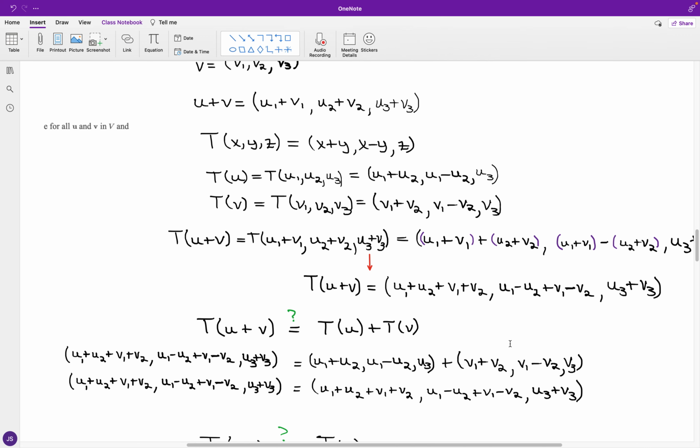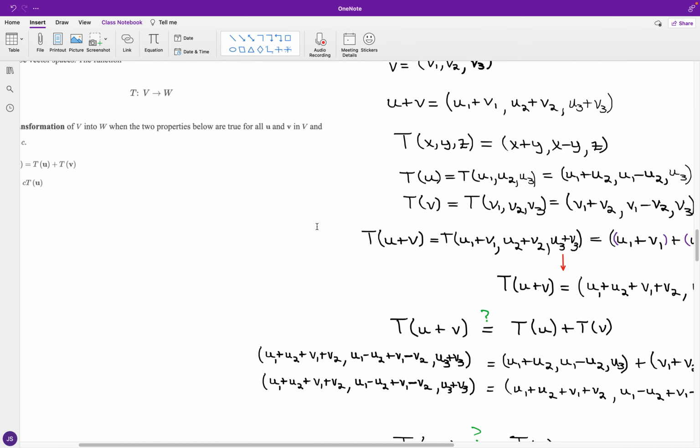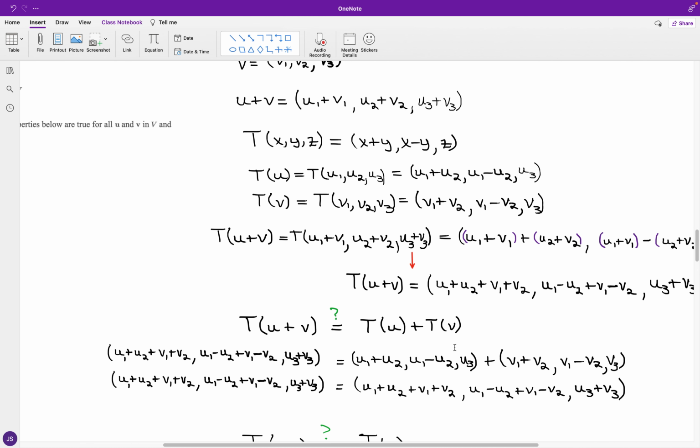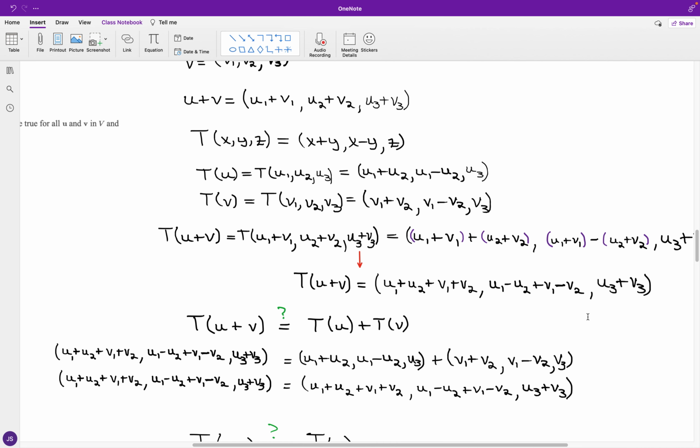To look at whether the first property is going to be satisfied, whether the transform of the sum of the vectors u and v will be equal to the sum of the transforms of u and v. For the transform of u plus v, again I have this set of vectors, and for the transform of u, I got u sub 1 plus u sub 2, u sub 1 minus u sub 2, u sub 3, and for the transform of v, I have v sub 1 plus v sub 2, followed by v sub 1 minus v sub 2, and then v sub 3.